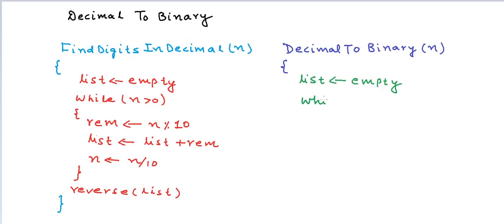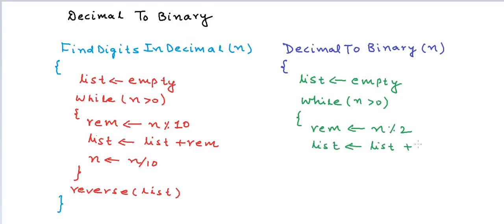And this time we'll say that while n is greater than 0, calculate the remainder by performing a modulo by 2, and then add this to the list. And this time we reduce n to n by 2, and if n is an integer, this gives us the quotient. Finally, we again reverse the list because we need digits from left to right.